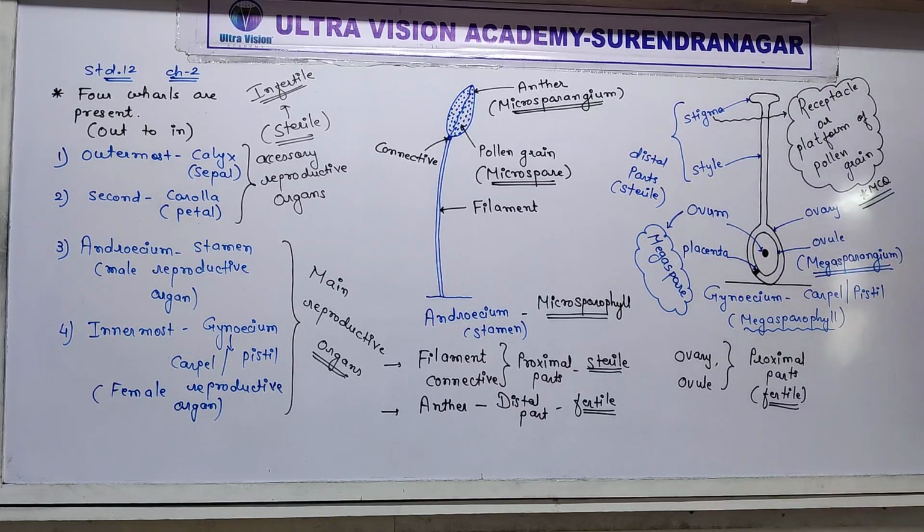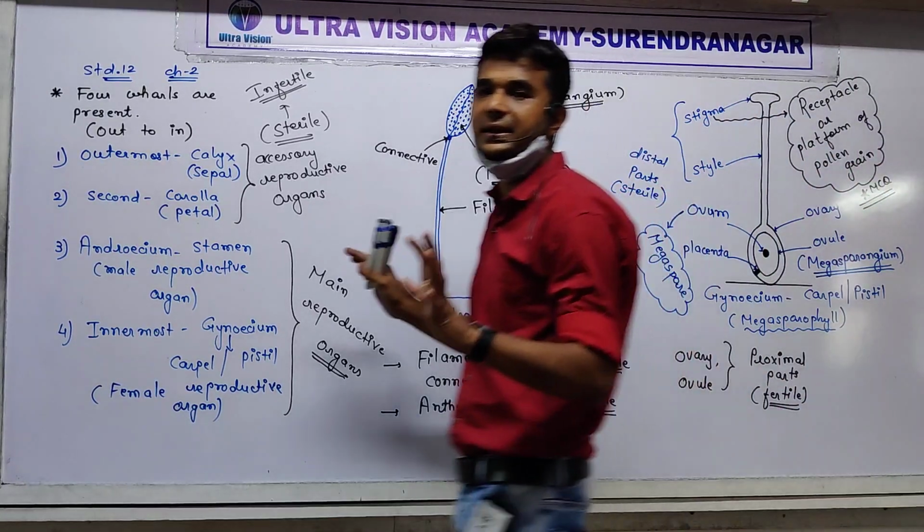Whatever flower, at whatever place, when the pollen grain comes in contact with stigma, then and only then post-pollination events occur. So the pollen grain has to come in contact with stigma, and then afterwards the further procedure occurs. So this is about the synonyms of the gynoecium. Okay. So this is the information of the flower basically.